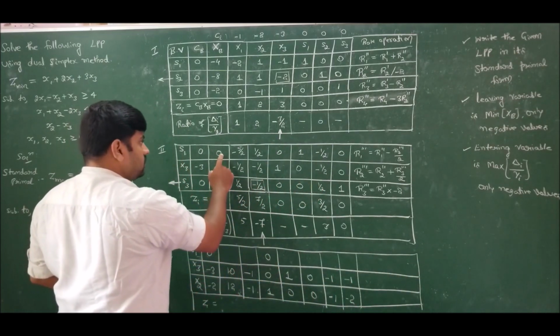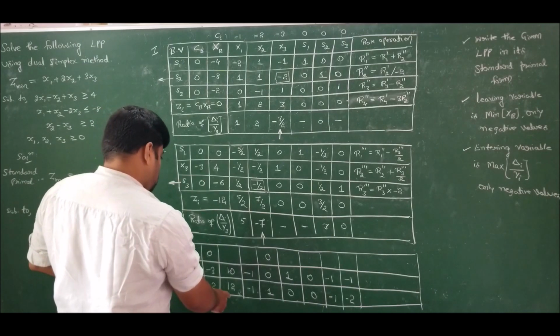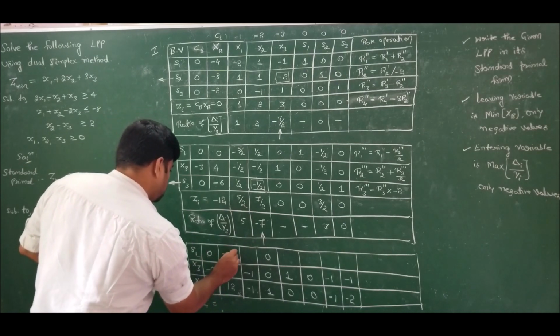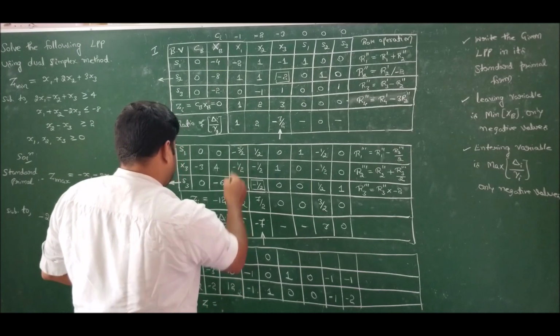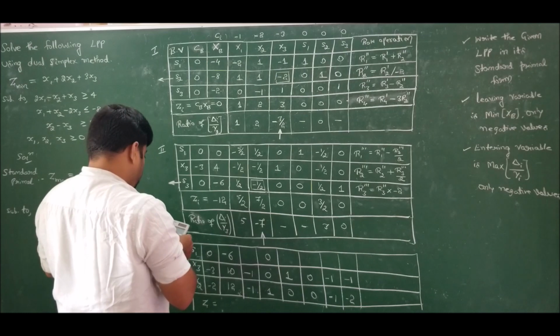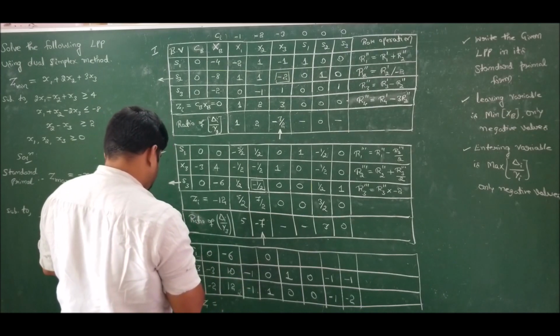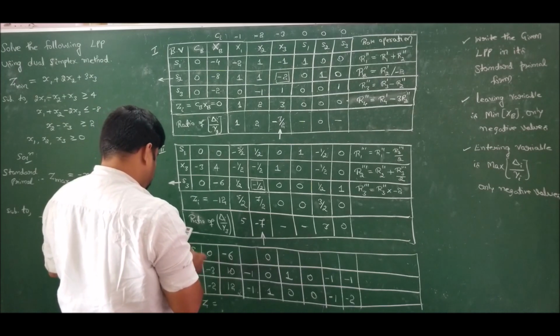Here I have 0 minus 12 by 2, which is -6. Next, here I have -5 by 2, minus we have -1 by 2, which is -2.